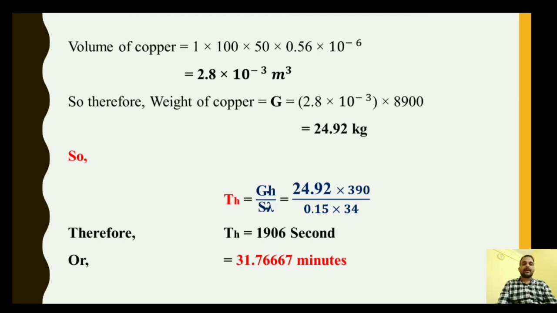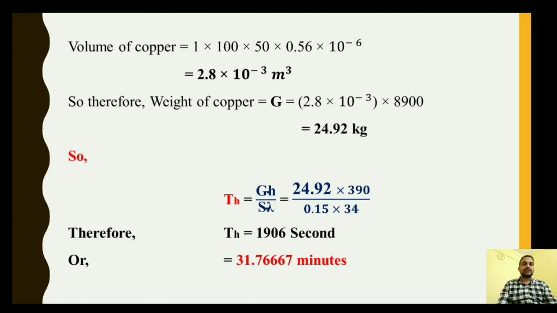As we have found the weight of copper, putting that quantity in the relation Th equals Gh upon S lambda, as you can see from this slide, that is 24.90 into 390 by 0.15 into 34. Keep in mind that the formula of theta m and the formula of Th have the same denominator quantity.